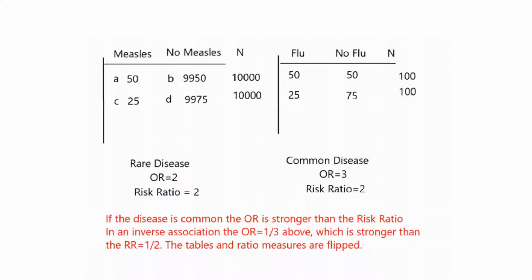So B is roughly equivalent to the total sample size for the non-vaccinated schools, and then D is roughly equivalent to the total sample size in the kids who are coming from schools that are vaccinated.